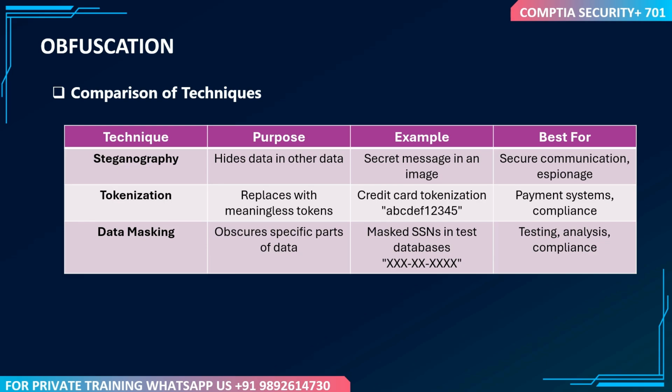Lastly, data masking obscures specific data elements while maintaining the structure of the data. For example, it might replace a social security number with a masked version like this during testing or analysis. Each technique is best suited for different applications: steganography for secure communications, tokenization for payment systems and compliance, and data masking for testing, analysis, and ensuring regulatory compliance.